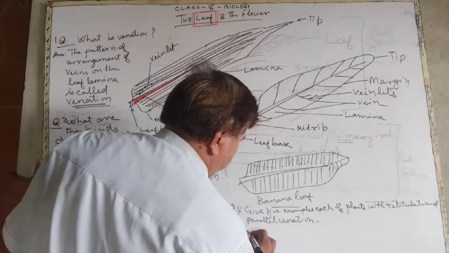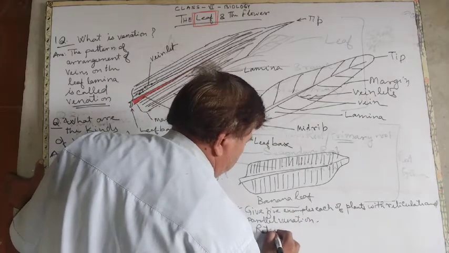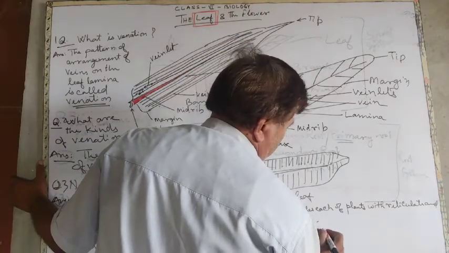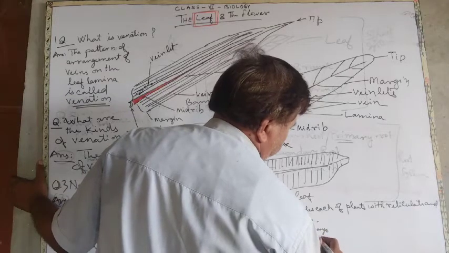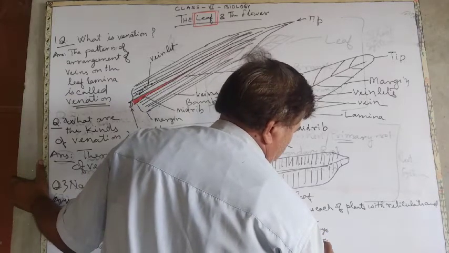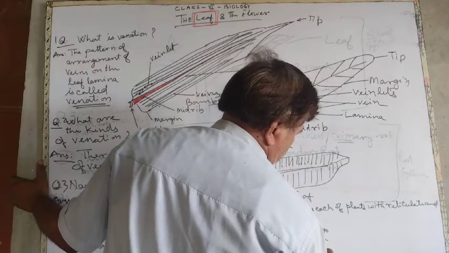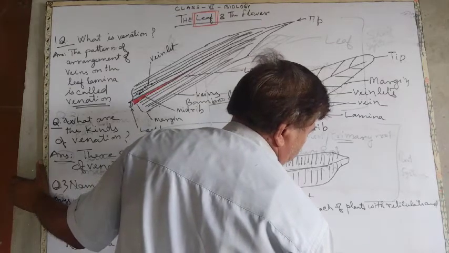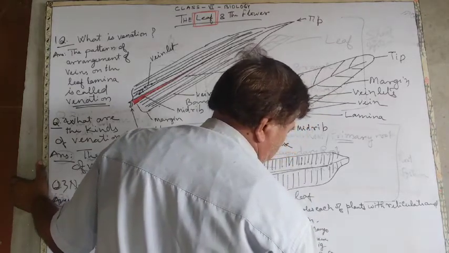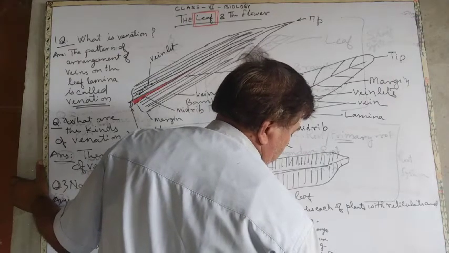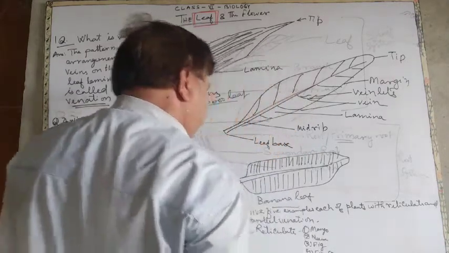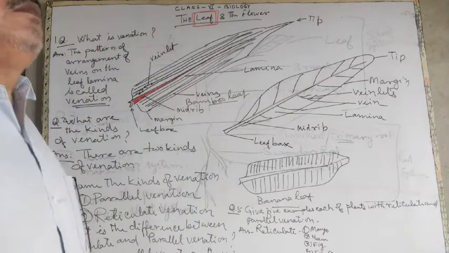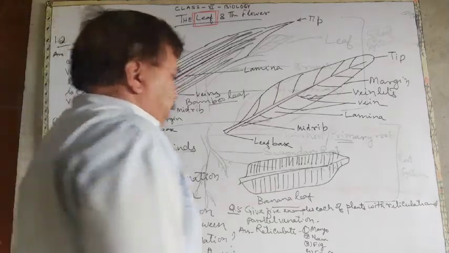Right? Your answer will be reticulate. For reticulate, example mango, neem, fig, ficus. Ficus means peepal, okay? Then berry. Mango, neem, fig, ficus, berry, and so many are there, right?